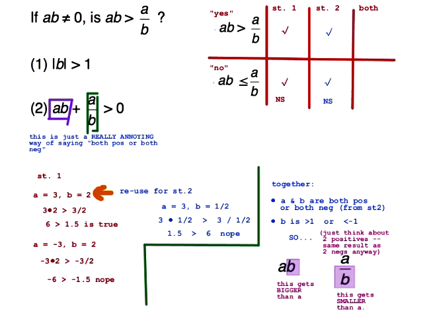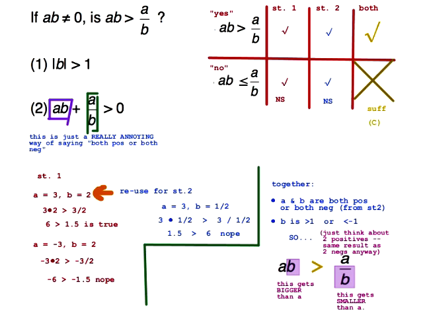So this is always going to be a bigger product than quotient. So that's going to work, that's going to not work, and that's going to be C, like cat. That's going to be sufficient.